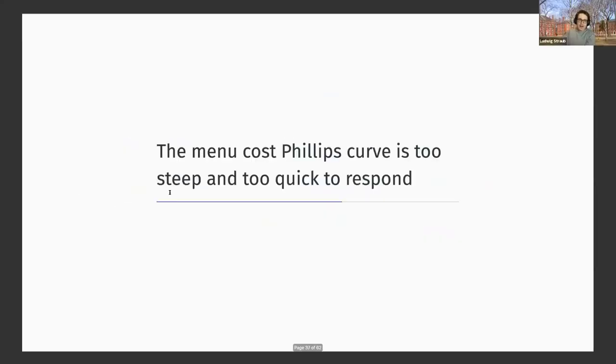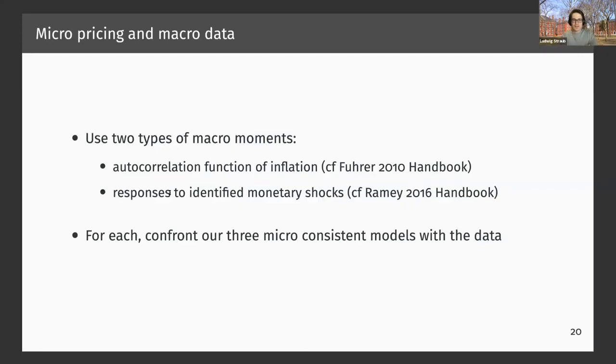But in any case, we have that Phillips curve now, and so the question is: is that Phillips curve in agreement with macro time series data, or do we need something else to get it to match? And we're going to explore this for now in two simple ways. The first one is we're just going to look at aggregate macro data and compute autocorrelations of inflation. And this is something that Fuhrer has done in his handbook chapter.